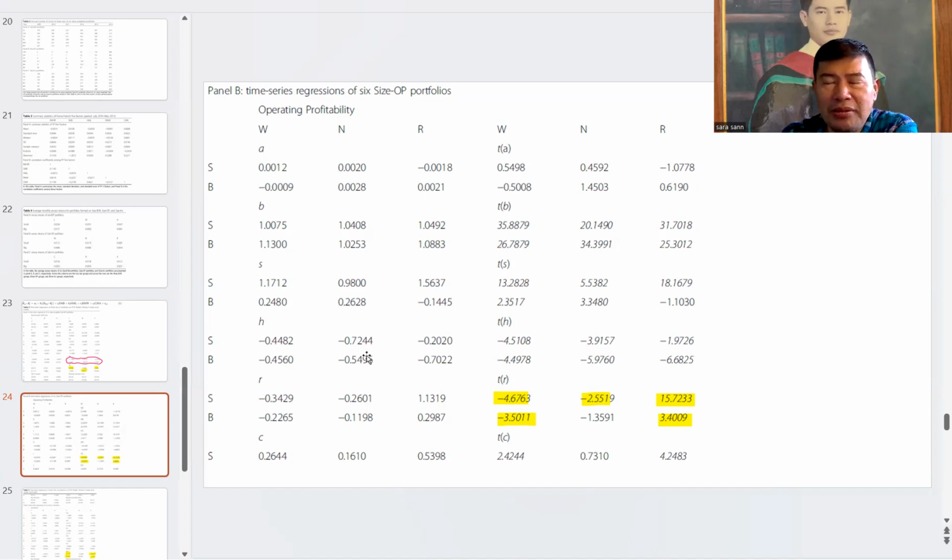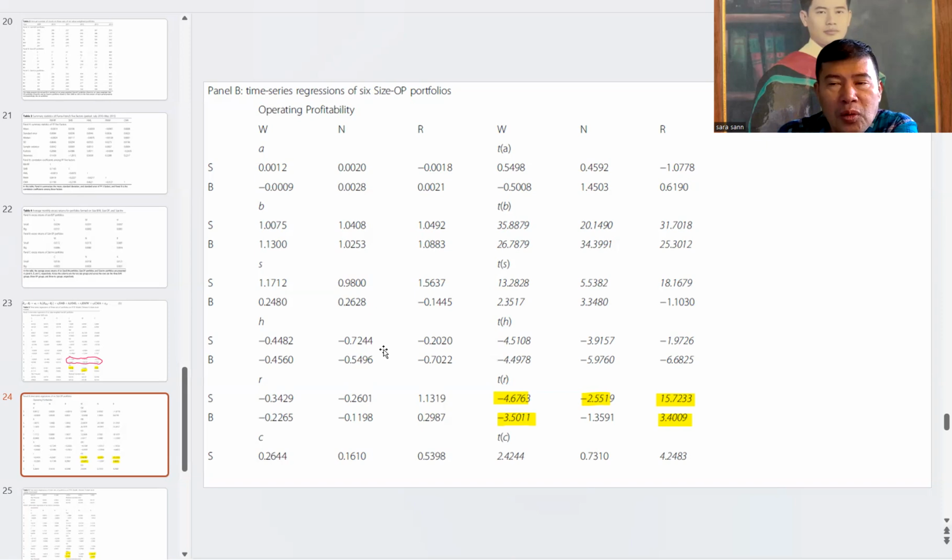It is not a good sign because the return goes down. Most of them, the return goes down. So the relation between book to market ratio and excess return on investment is not good, because all have a negative sign.